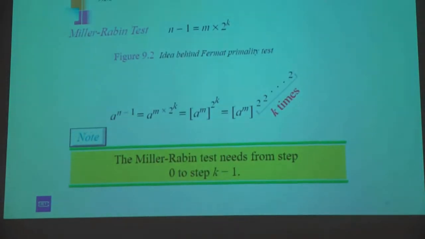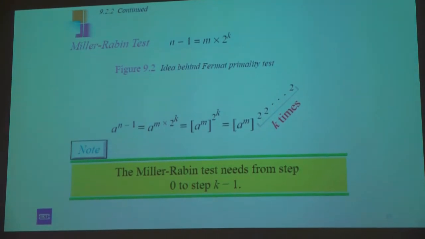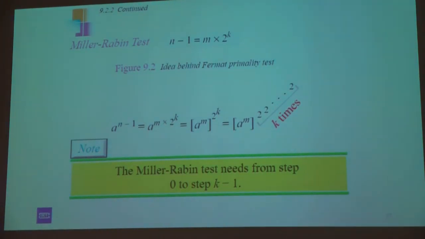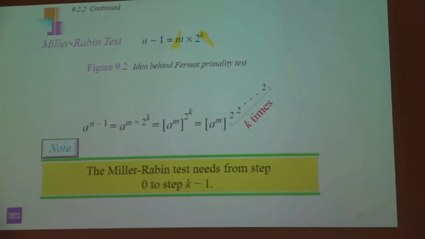So basically, if we're trying to check on n, we need to find 2 numbers, m and k, such that n minus 1 equals m times 2 to the power k. If you remember Fermat's method, what does it say?